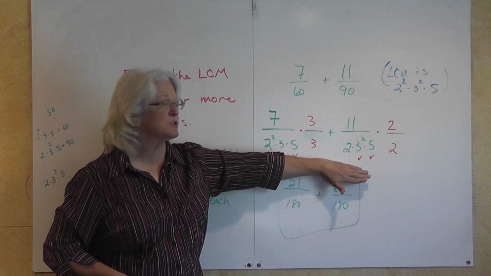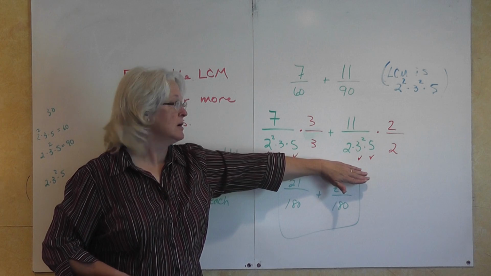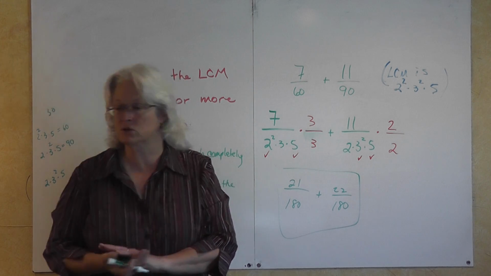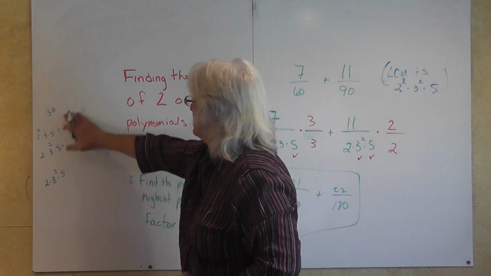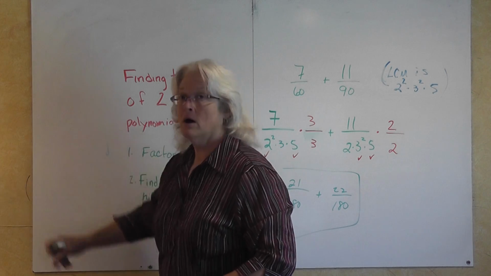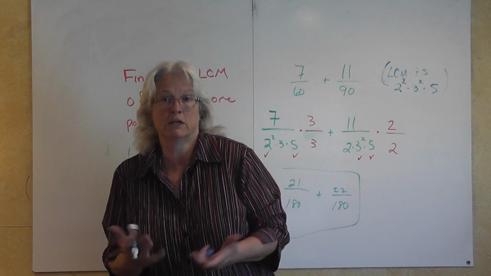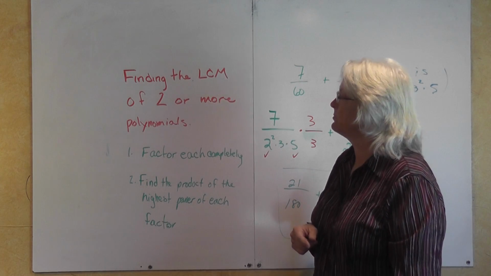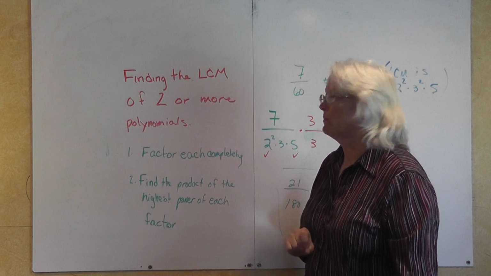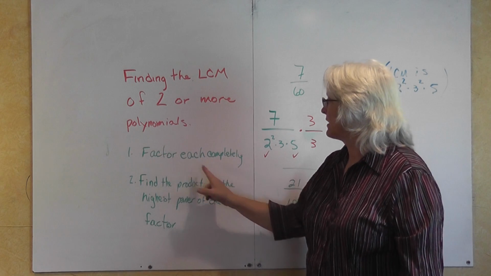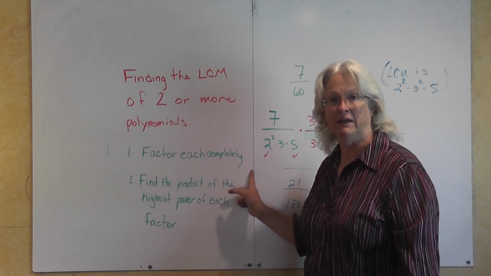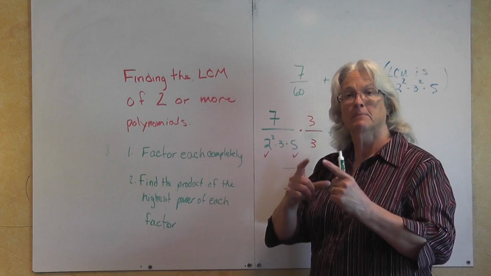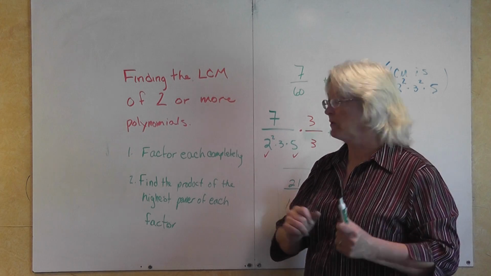It's this procedure right here that we're going to use when we find common denominators for rational expressions. And that common denominator is the least common multiple of two polynomials. So this is what we say. To find the least common multiple of two or more polynomials, first you factor each polynomial completely. That's what we did, where I showed you the prime factorization of 60 and of 90.